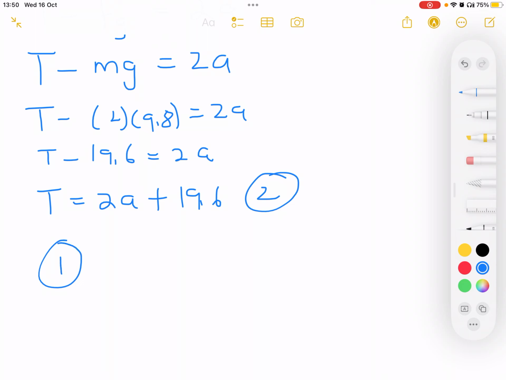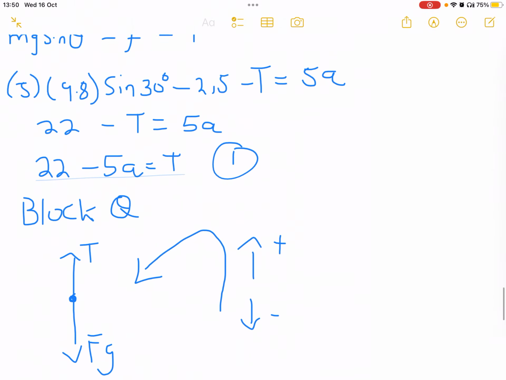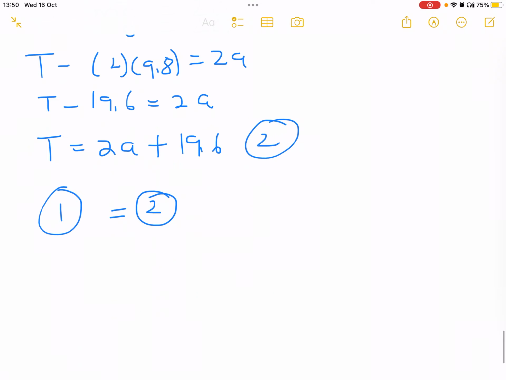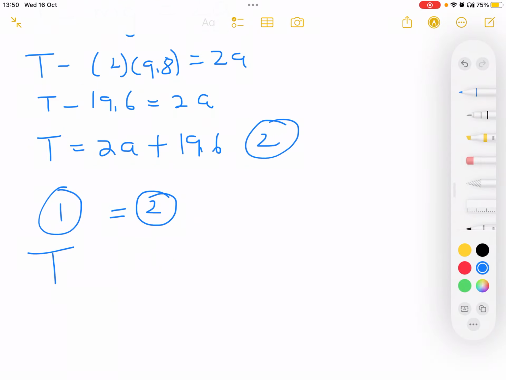Now, equation 1 is equal to equation 2 because the tension is the same. These two blocks are being pulled by the same string, right? Okay, so the first equation says what? 22 minus 5a is equal to T. So you can just say T is equal to T. 22 minus 5a is equal to 2a plus 19.6.